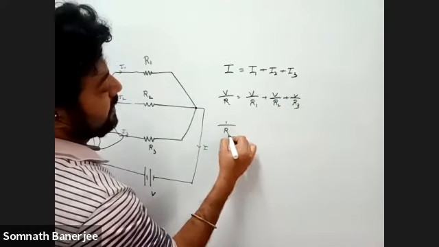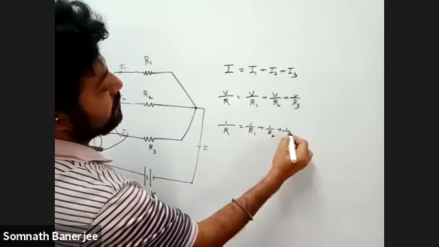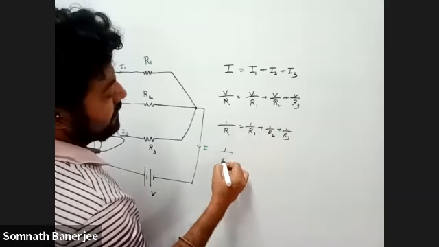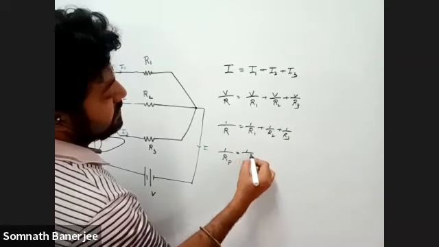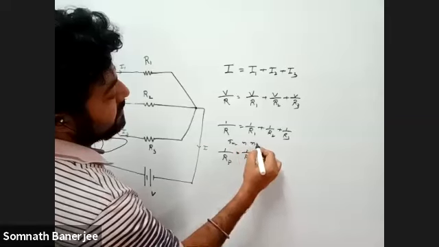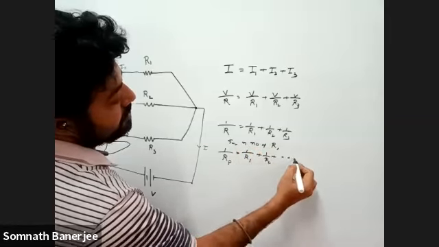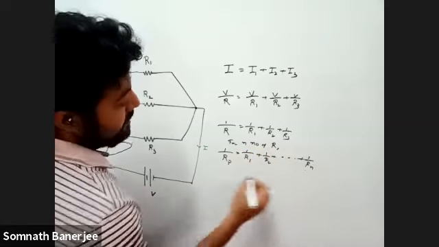So 1/R is 1/R1 + 1/R2 + 1/R3. For parallel, 1/Rp is 1/R1 + 1/R2 + ... + 1/Rn for n number of resistances.